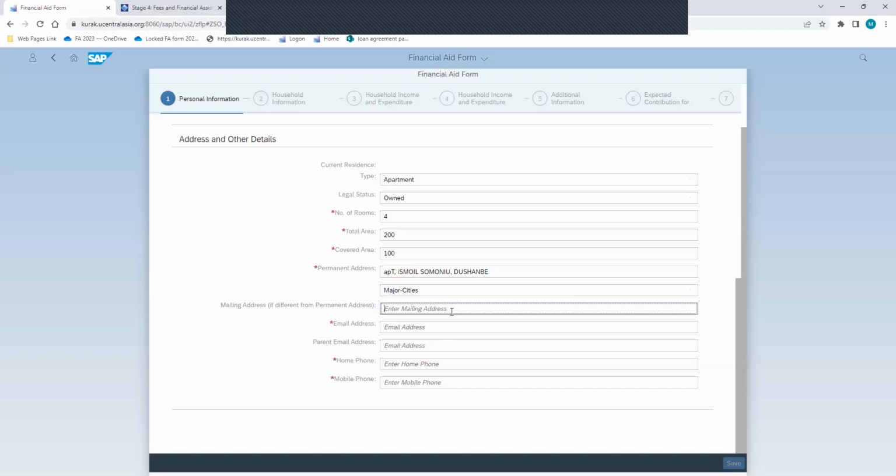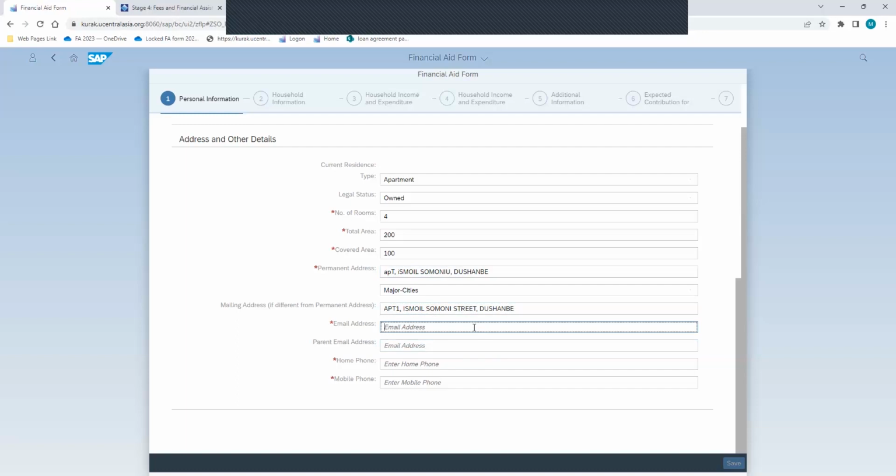Okay, the mailing address can probably be the same. So apartment 1, Ismail Somoni Street, Dushanbe.